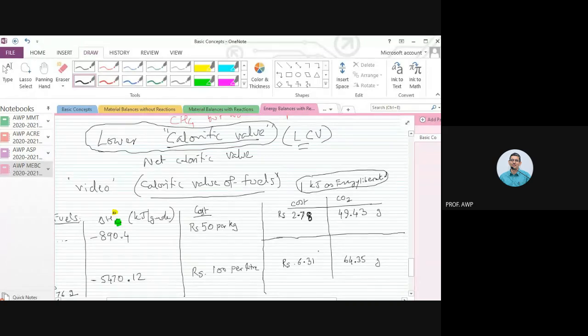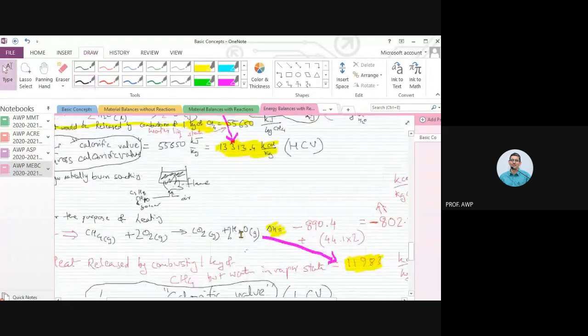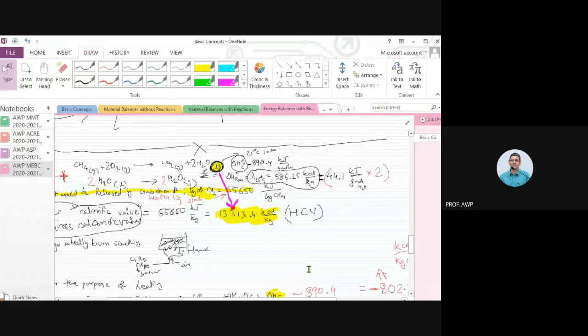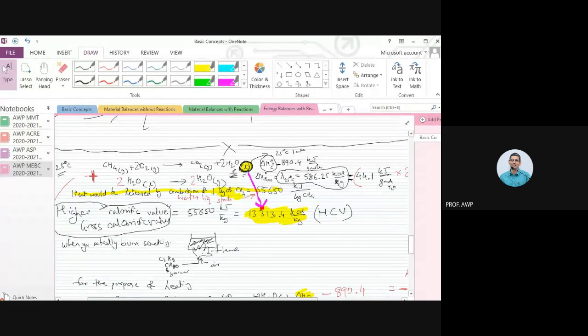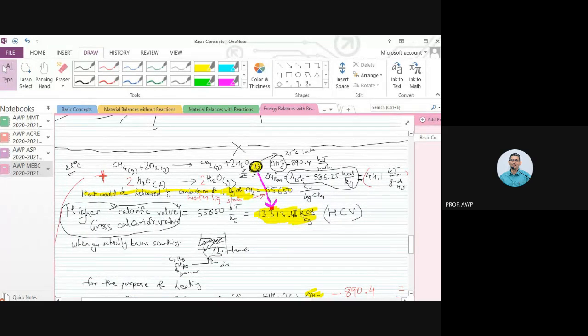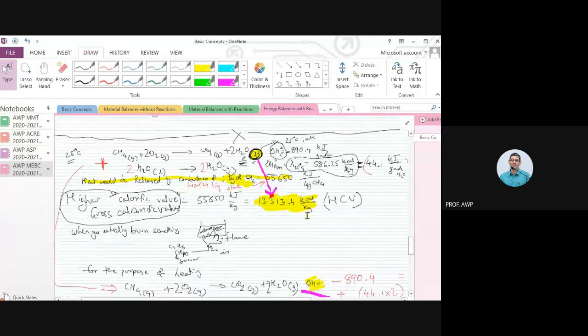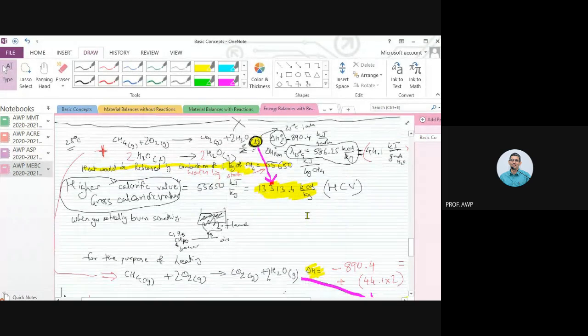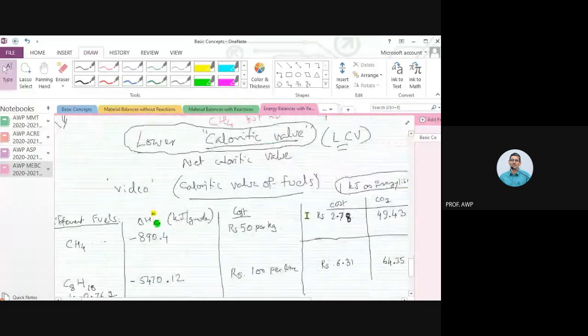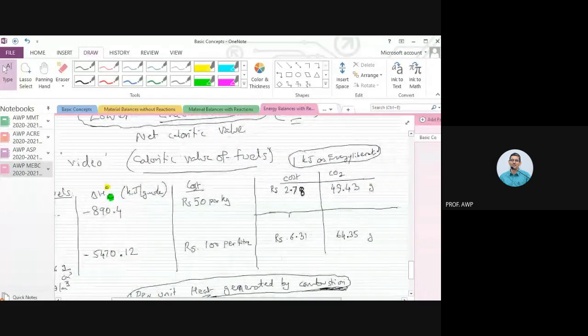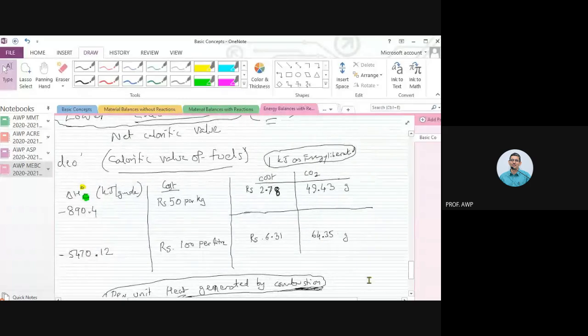What takes so long? Sir, I'm solving. We already have the answer for methane. We did it last time. In the same way, you just have to do for octane, that's all. Only 15 minutes, only one answer so far. Any other answer? Anybody else?